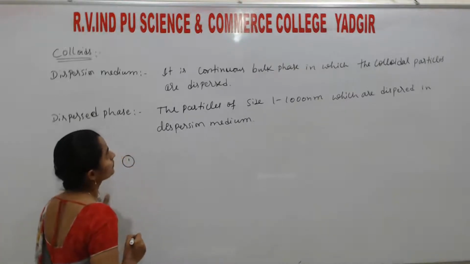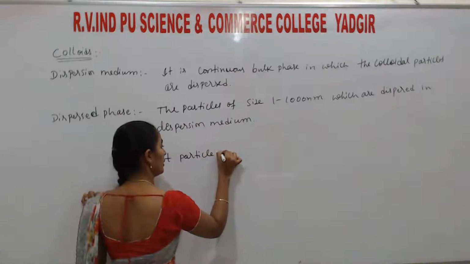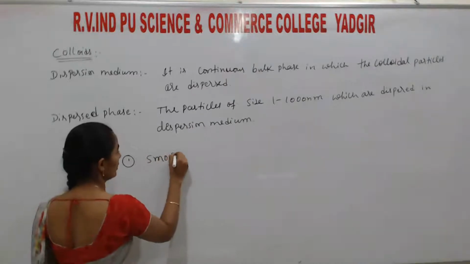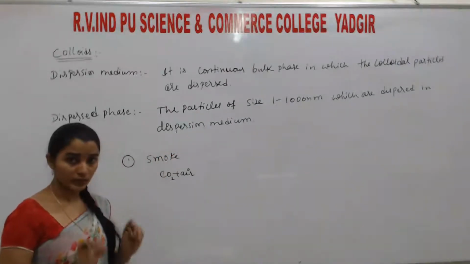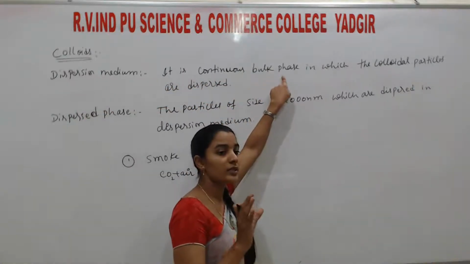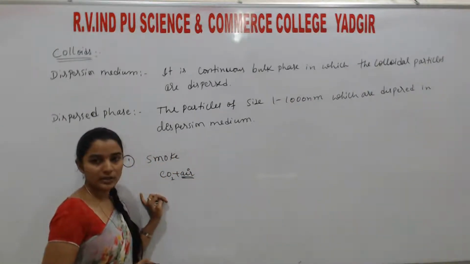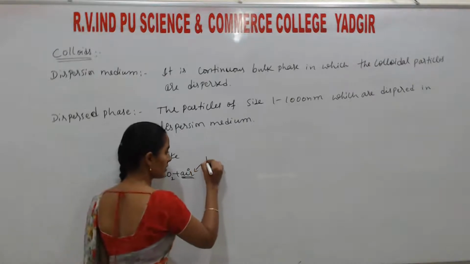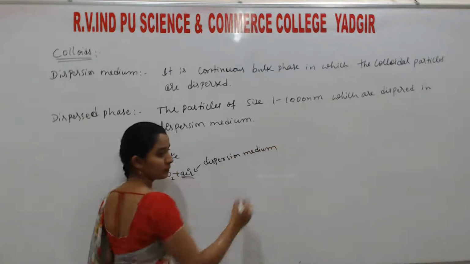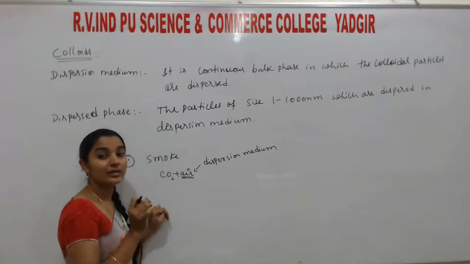For example, take smoke, with dust particles in it. Here, dispersion medium means the continuous bulk phase, the one present in bulk concentration. Among CO2 and air, air is the bulk. So this is the dispersion medium, the medium in which the CO2 gets dispersed.